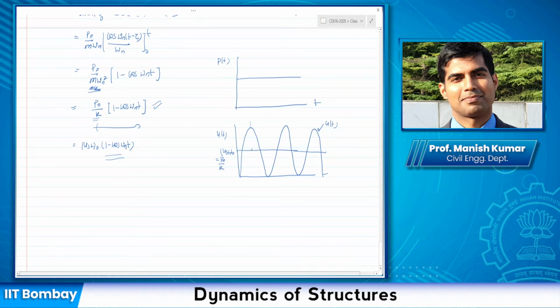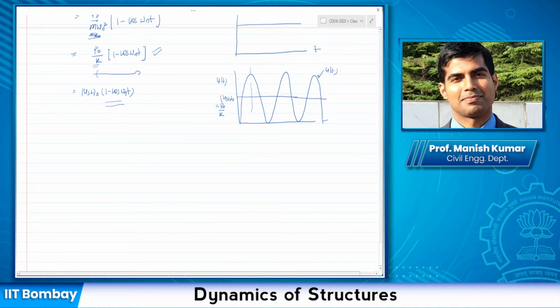Now in this case, remember, when you apply a harmonic loading on a single degree of freedom system, if the system was undamped, your system had both the natural frequency and the harmonic frequency, that is the excitation frequency, both components. Here, because it's a non-periodic loading and there is no excitation frequency, the structure vibrates at its own frequency.